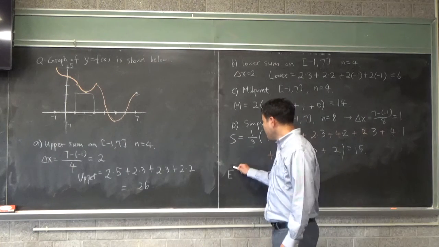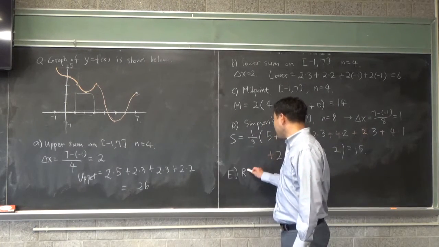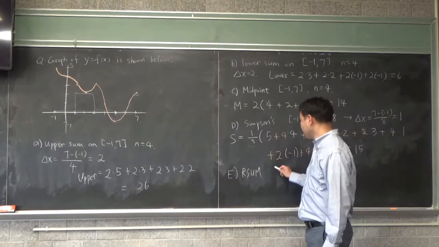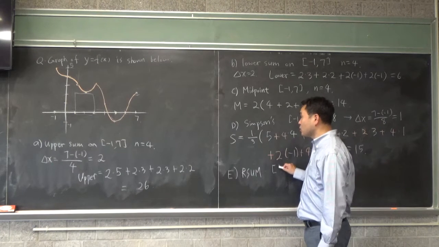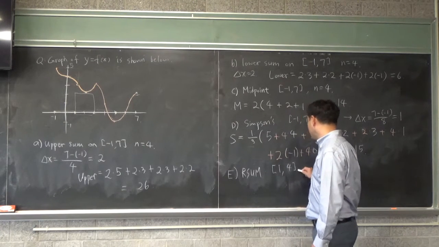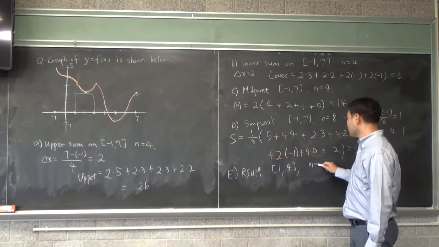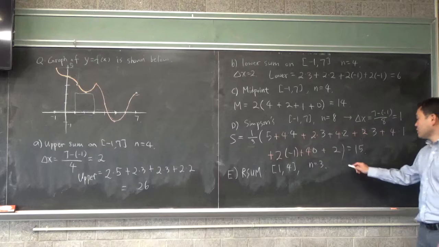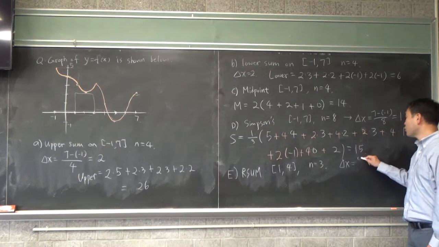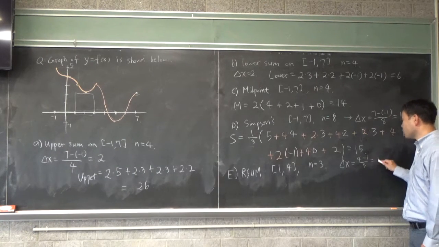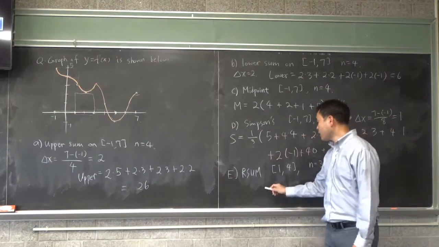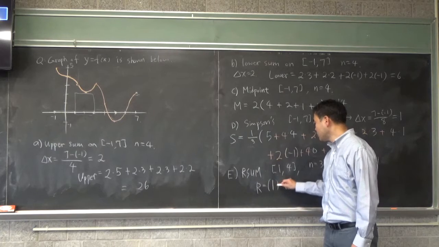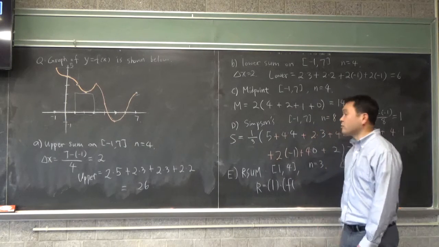And let's just write some more. But this time, let's try the interval being 1 through 4 with n equals 3. Okay, what's our delta x then? 4 minus 1 divided by 3, which is equal to 1. Okay, right sum would be delta x, which is 1, times f of what?